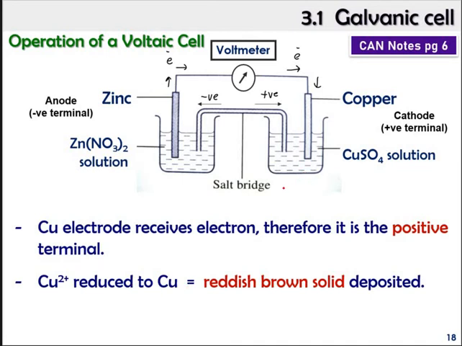Okay, macam kita tengok equation tadi from Cu2+, dia receive 2 electron, it becomes Cu solid. Kita tengok pada produk dia adalah menghasilkan solid. That mean pada copper electrode lama-lama akan ada reddish brown solid deposited. Okay, sebab produk dia adalah copper solid.